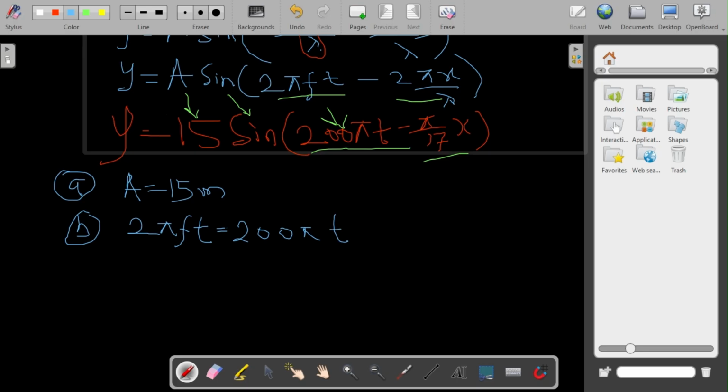So pi cancels pi, and t cancels t. So you are left with 2f equals 200. So what's f? f is 100 hertz, because that's the frequency. Hertz.